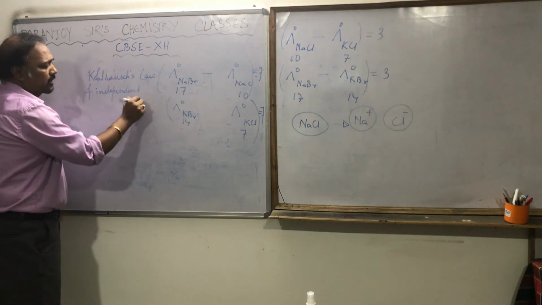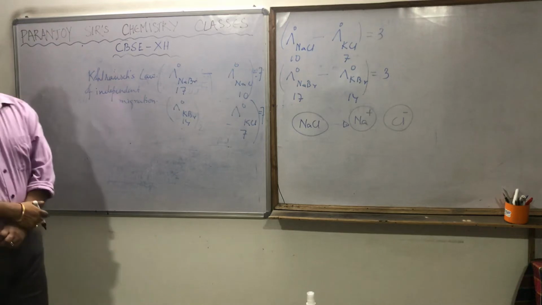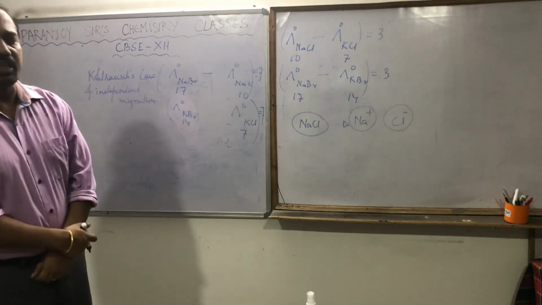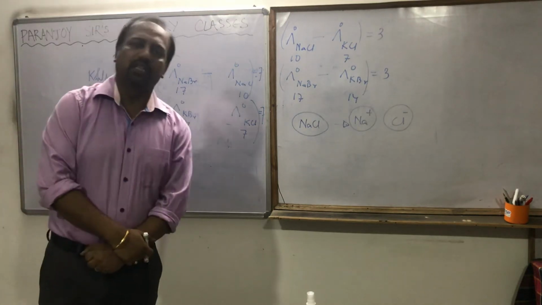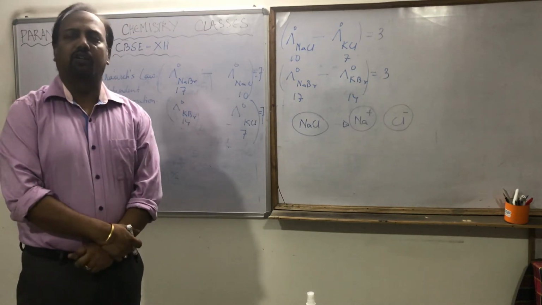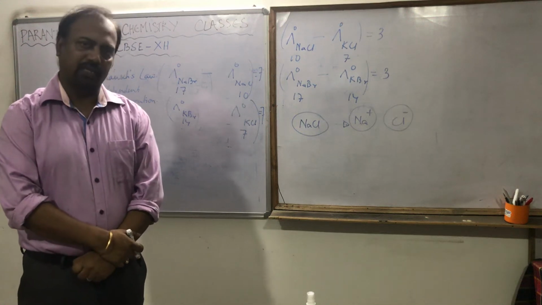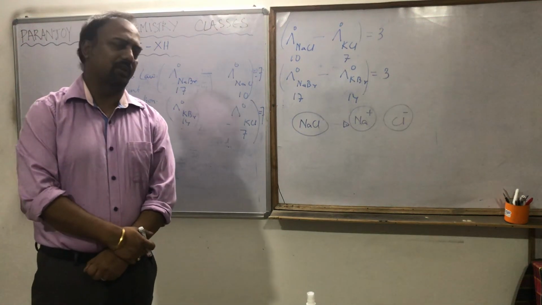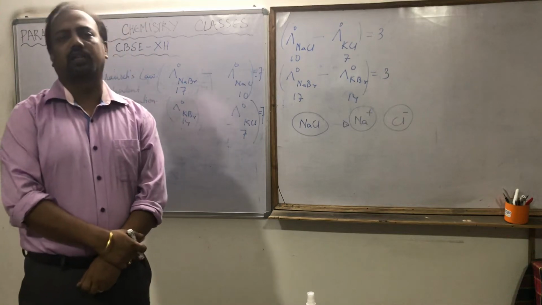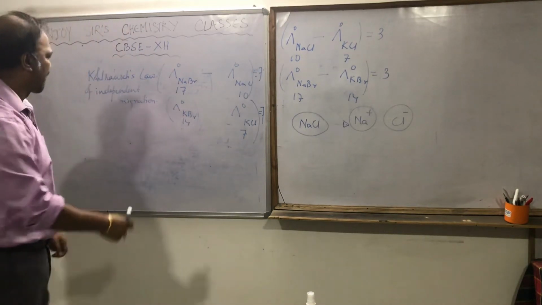It means that the limiting molar conductivity of a strong or weak, whatever, electrolyte is nothing but the summation of the limiting molar conductivity of the corresponding ions. Whatever ions are present in it, the summation of those limiting molar conductivities is the molar conductivity of the electrolyte. So you can write it like this.